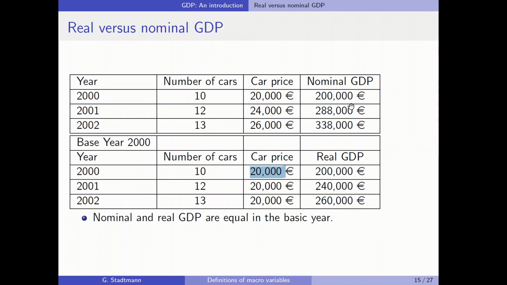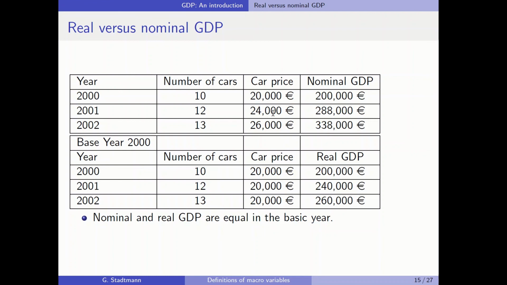When you look at the nominal GDP, you can see in this column that nominal GDP increases by 44% from the year 2000 to the year 2001. Why is that? The 44% stem from an increase in quantity produced by 20%. The car price also increased by 20%.